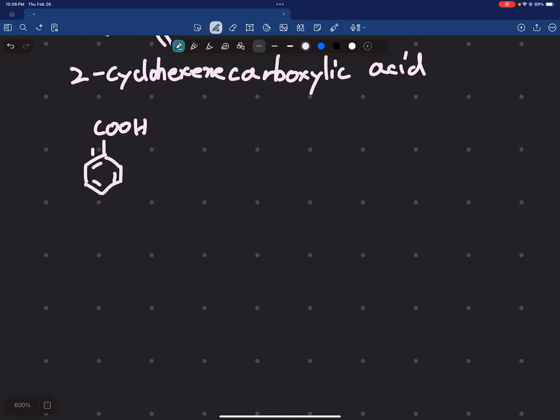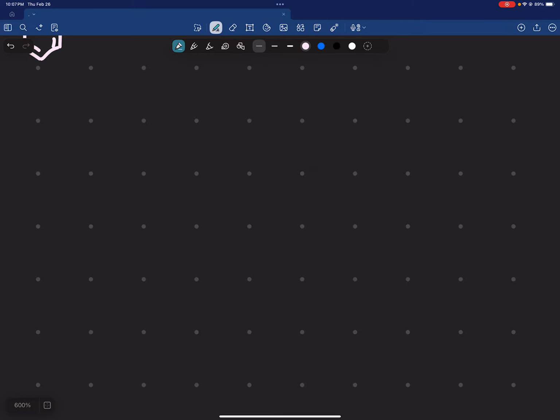When common names are used, the Greek letters alpha, beta, and so forth will be used as prefixes to locate the substituents. It'll look like this. If we had, say, this, and this will be 1, first carbon, second, third, fourth, and fifth.